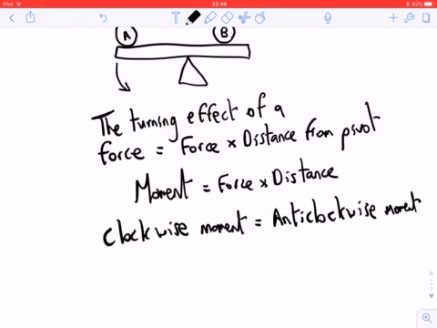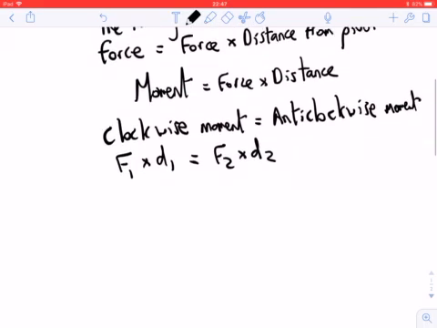If we want to do an equation for that, we could call the force and the distance on one side F1 and D1, and we could call the force and the distance on the other side F2 and D2, where F1 and F2 are the sizes of the forces, and D1 and D2 are the distances from the pivot.